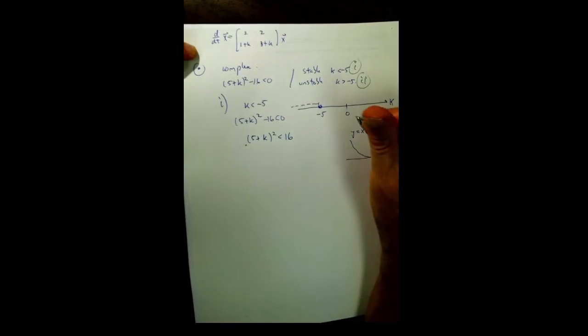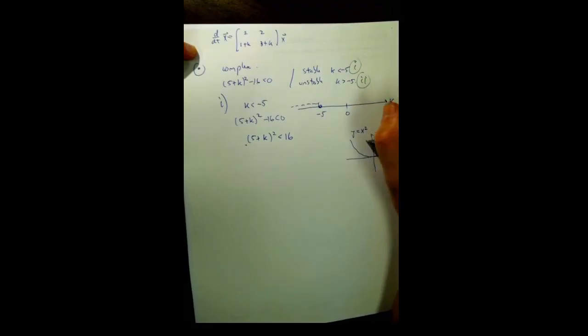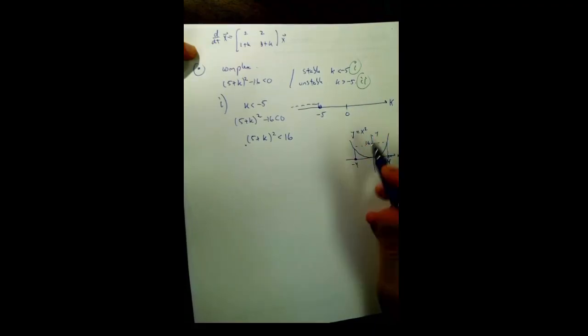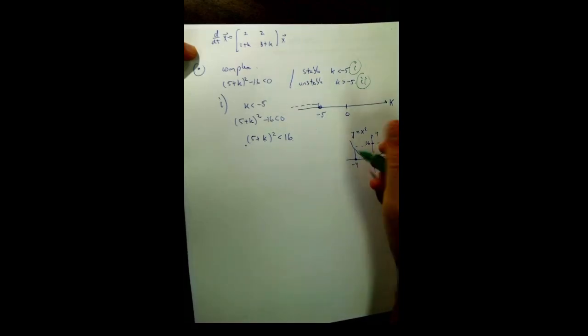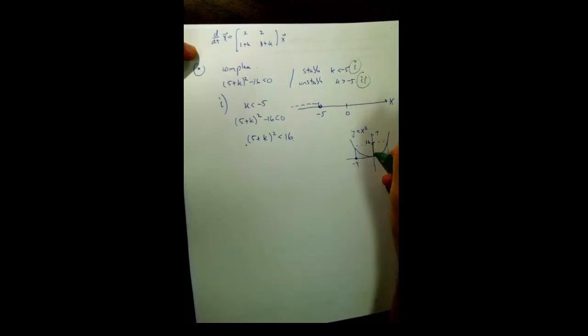If I'm squaring something and it's less than 16, that's going to happen at minus 4 and 4. For this thing to be less than 16, I have to be between minus 4 and 4. Right?